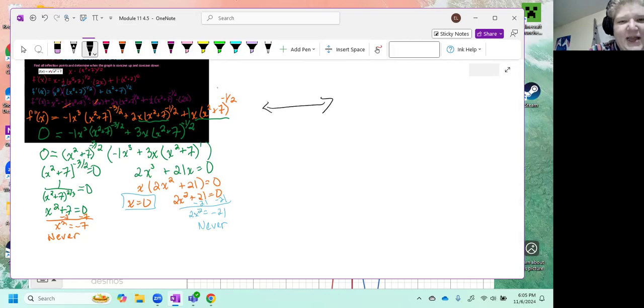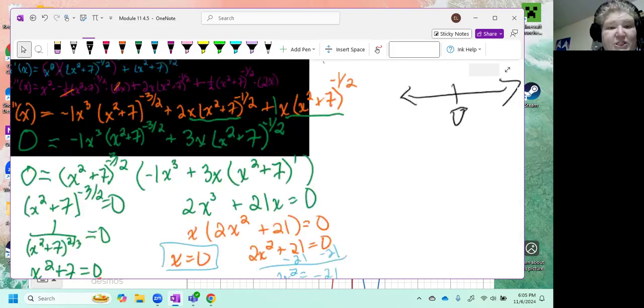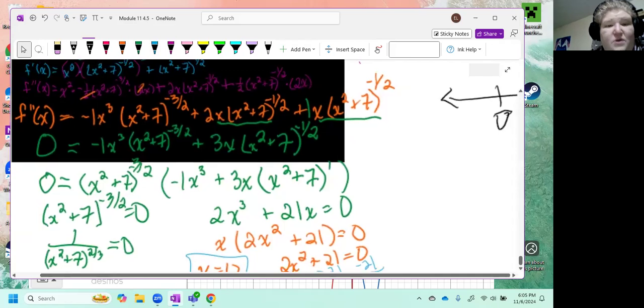So we got our number line. There's our 0. So I want to plug in -1 and I want to plug in +1. The good news is plugging these in isn't too bad, but we got to plug them into our second derivative.